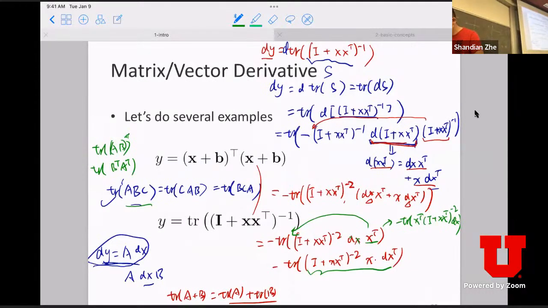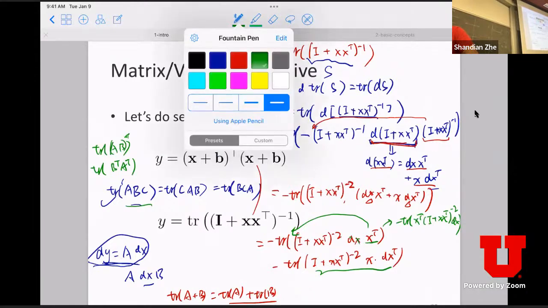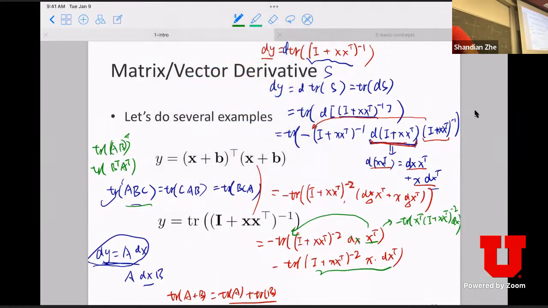So here, if we take the transpose, you get minus trace dx x transpose (I plus x x transpose) to the -2. Now applying this rotation rule again, you can move dx to the end.